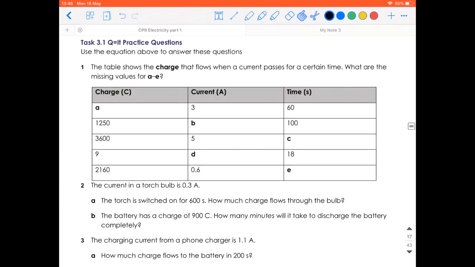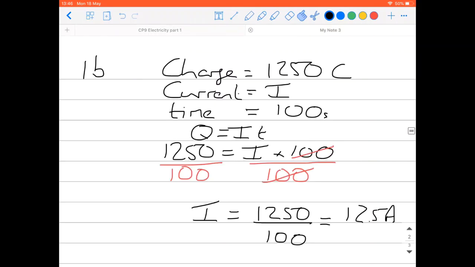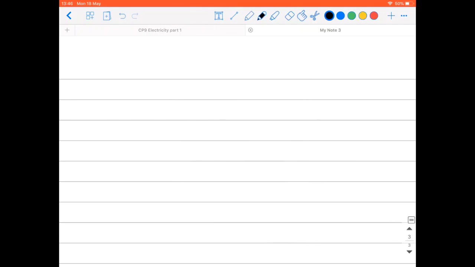Last one that I'm going to run through is 1C. 3,600 coulombs for the charge, 5 amps for the current, and this time I'm being asked to find the time. So back I go, and this time I'm not going to even write out the whole words.